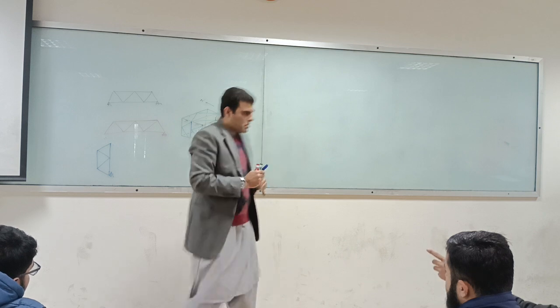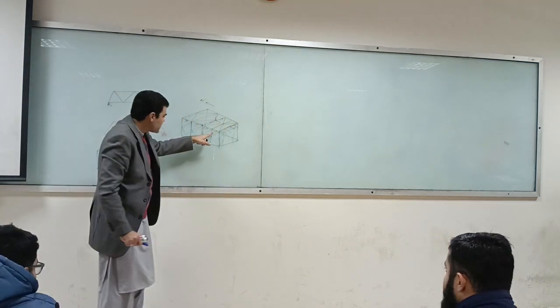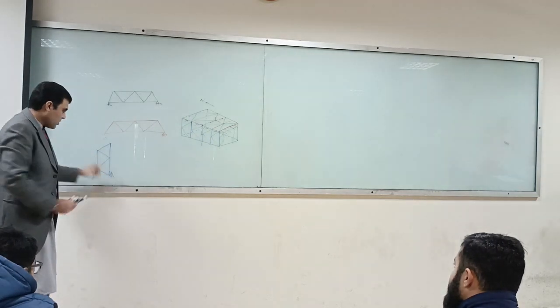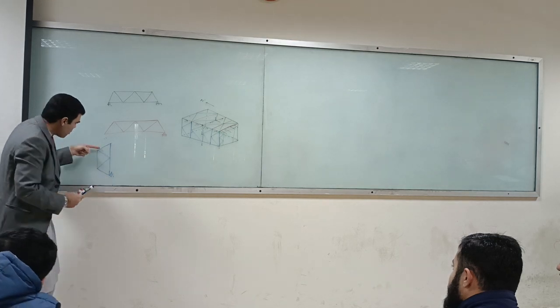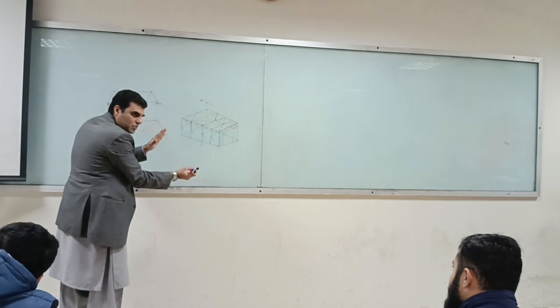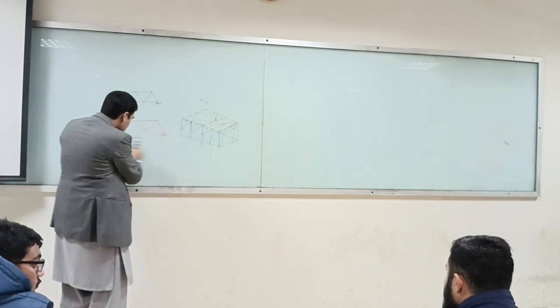Sir, but the blue member has those bracing type. Yeah, but these bracings are just standing like this. This blue member has got load and this is standing. If I provide load like this, these are all pinned. This will fall down. You have to stop it.